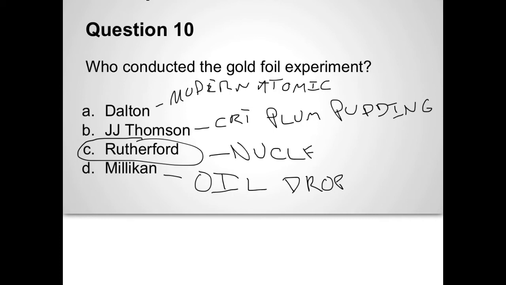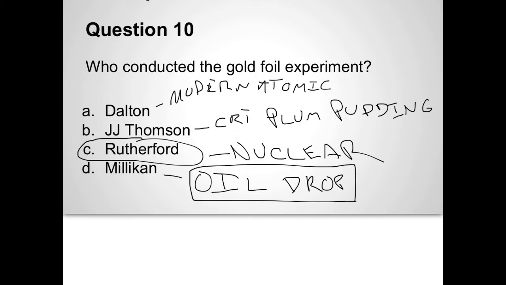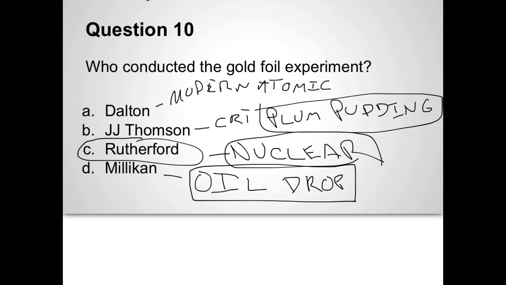He was the first to propose the idea of protons and the nucleus in an atom. And Millikan's oil drop experiment determined the mass of an electron, which was the first evidence that there were particles smaller than an atom. So know who these guys are, know what the nuclear model looks like, know what the plum pudding model looks like, and who each of these guys were and what they contributed.